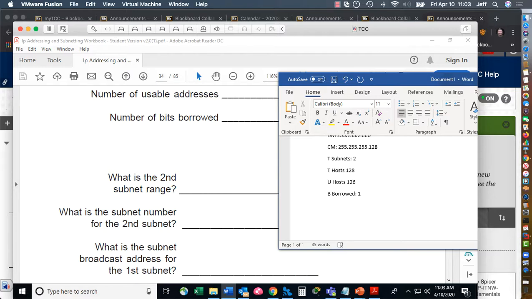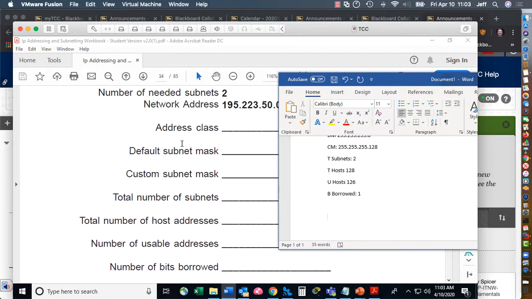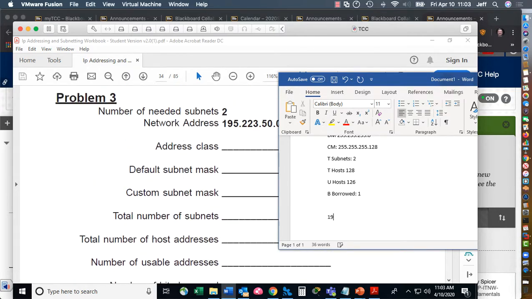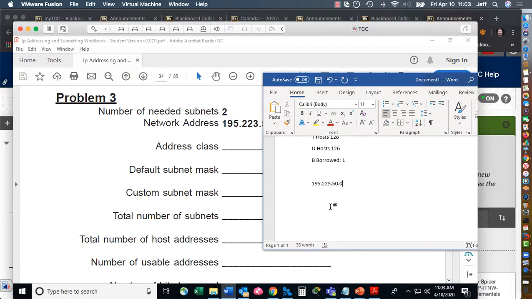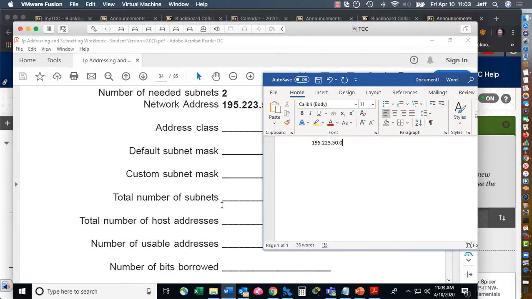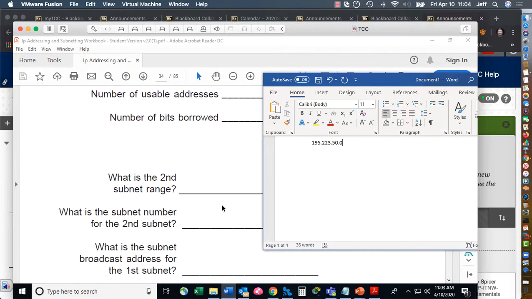Our IP address was 195.223.50.0, yes. And then our second range is going to be 195.223.50.128 to 195.223.50.255.